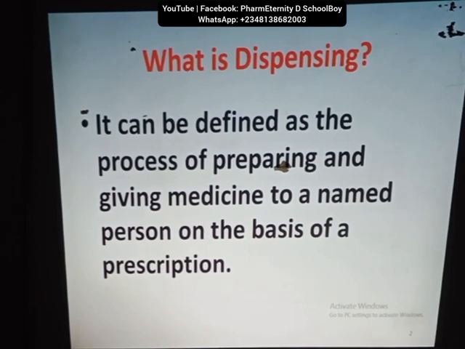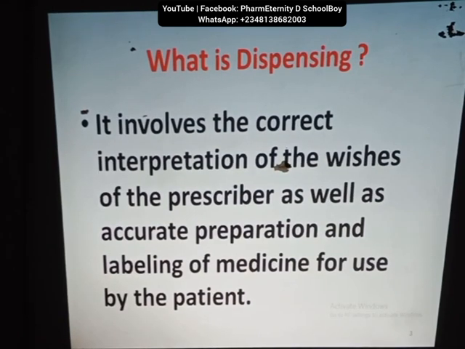Even though we have non-prescription medicine, over the counter, generally it should be on the basis of a prescription. All right, a very important thing we also need to note is that dispensing needs to be carried out to interpret the wishes of the prescriber, because the prescriber is the one that came in contact with the patient, examined the patient, diagnosed the patient's ailment or disease, and came up with the right medicine.